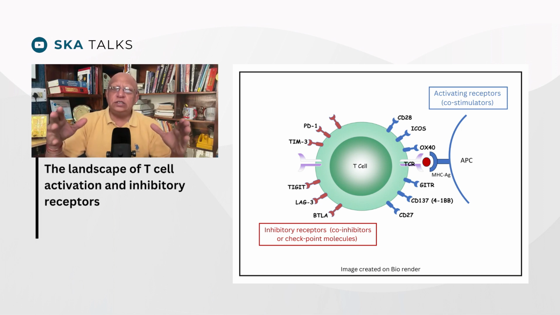So one of such molecules which was first to be discovered, its name comes from cytotoxic T lymphocyte antigen 4, because it was discovered on the activated T cells. So its function was thought to be a regulatory function, because after activation, it will always try to suppress the activation of T cells.